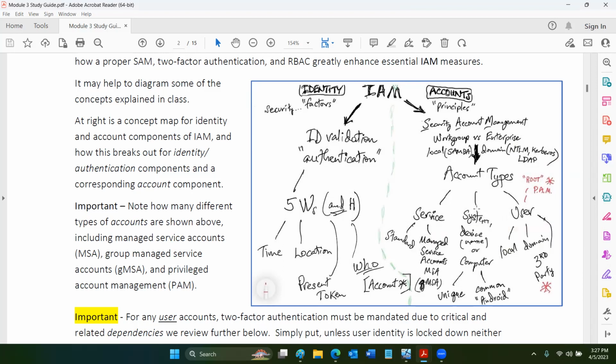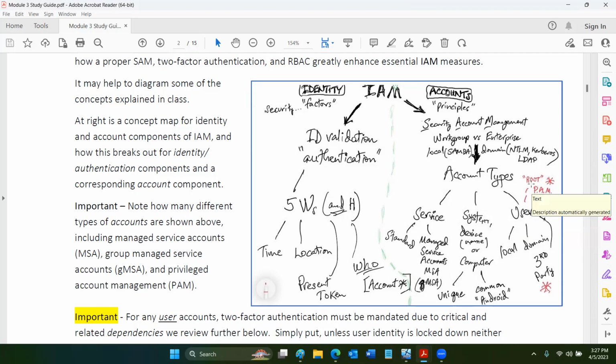And what most people don't realize is that in an enterprise environment, or even in a work group environment, you have system accounts and you have service accounts that are embedded in the operating system that provide the authority for certain services to perform their tasks. The hackers understand this. We're used to just thinking in terms of user accounts.